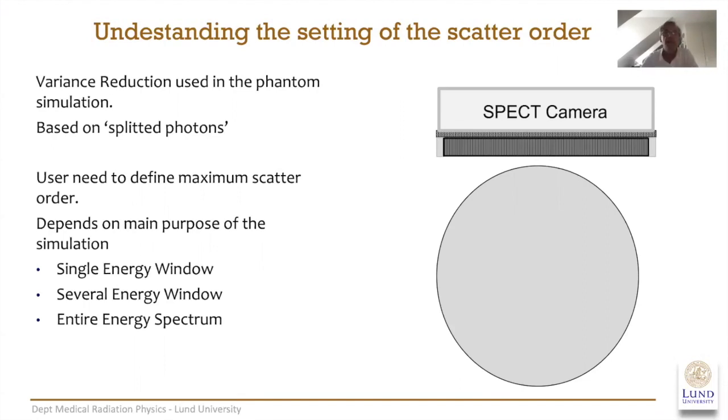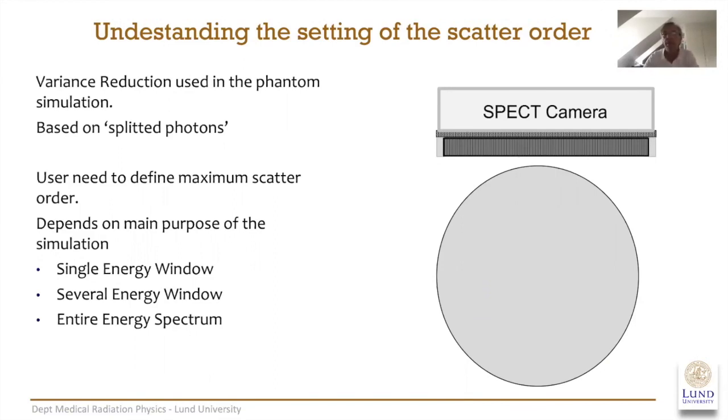For example, if you look at the main peak window, and that is the main purpose of your simulation, it's a waste to simulate too many scatter orders. But if you have several energy windows, if you are interested in the whole energy spectrum, you need to make sure you don't simulate too few scatter orders.